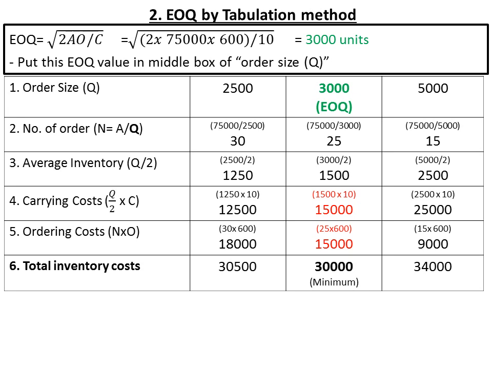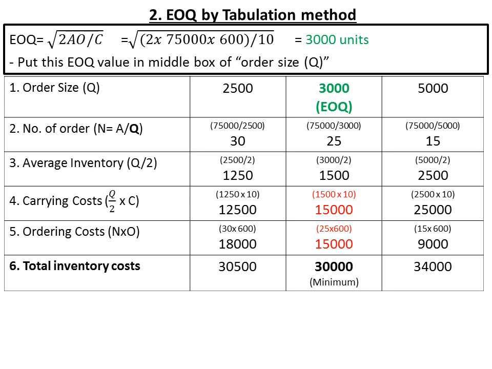Row number 4, the carrying cost, Q upon 2 into C. The Q upon 2 we already calculated in row number 3, the average inventory. The value of Q upon 2 is 1250 first, the second one is 1500, and the third one is 2500.